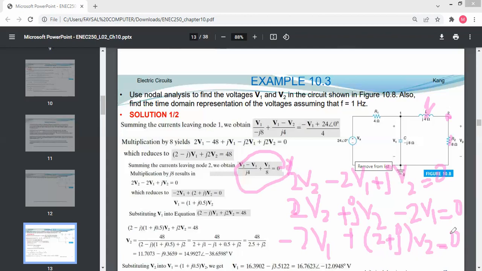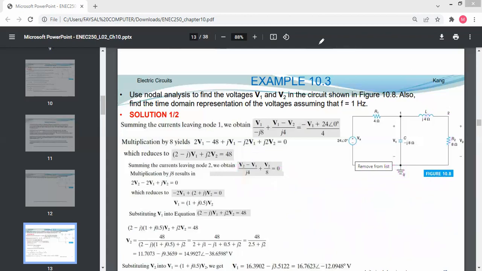Now I have to compare both values. So my first value is 2 minus j with v1 plus j into 2v2, and this will be equal to 48.